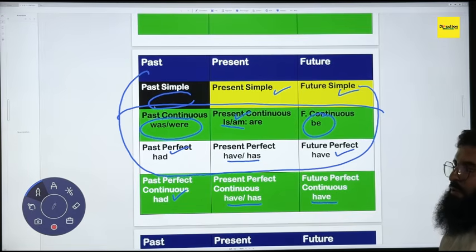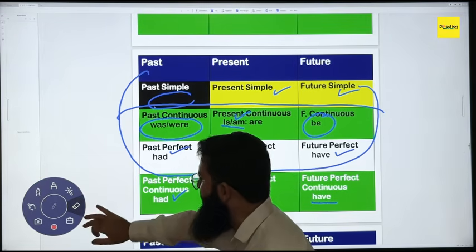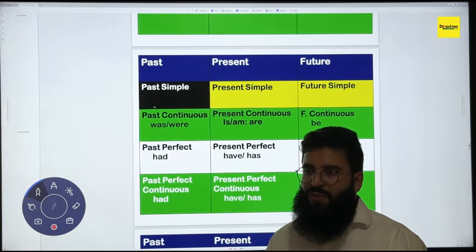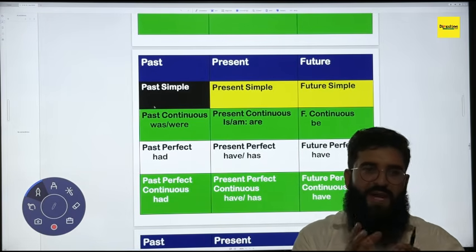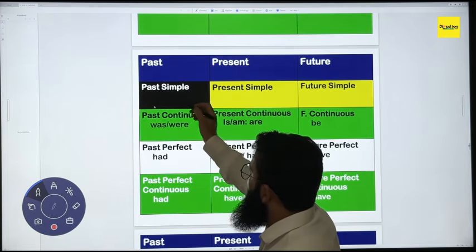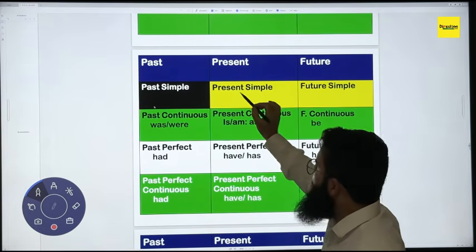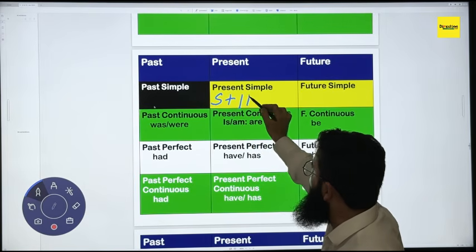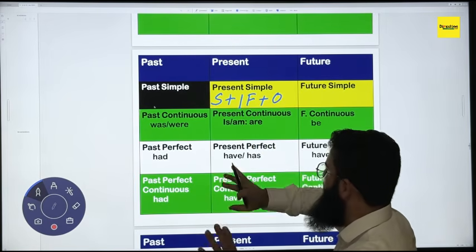Now, if I ask you the full structure of any single tense, you have to tell me now full. Subject also, helping verb also, ing form, third form, which form, and object. Can you tell me what is the structure of present simple? It is subject plus first form plus object. No helping verb.